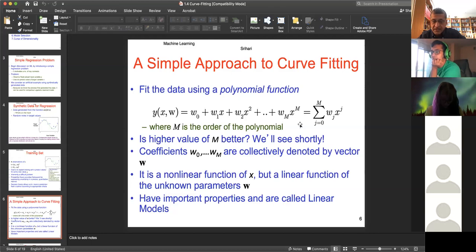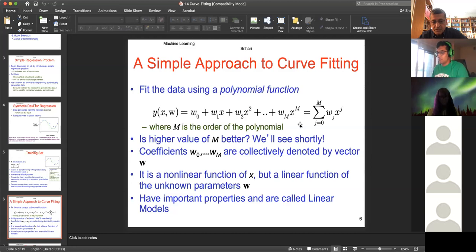If you have a high degree polynomial, you have high variance. A lot of the techniques in machine learning argue between bias and variance. These are statistical concepts, and it's good to know this trade-off. Anyway, I jumped the gun and answered the question, is a higher value of m better, although I said we'll see shortly.